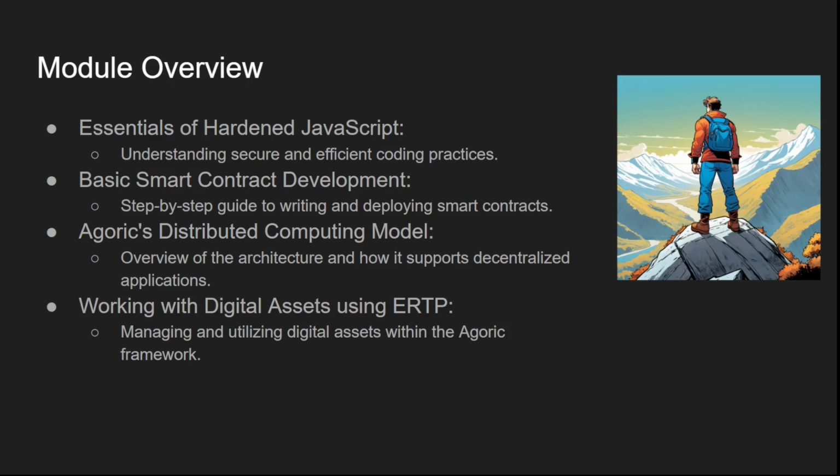By the end of this module, you should be able to articulate these major concepts and understand how they relate to developing a smart contract in Agoric. Additionally, you will gain the skills needed to architect the smart contract application in Agoric effectively. Let's begin by diving into the essentials of hardened JavaScript.